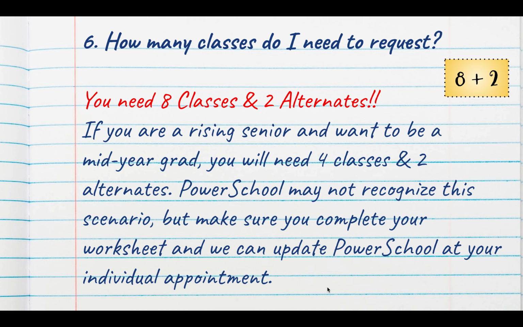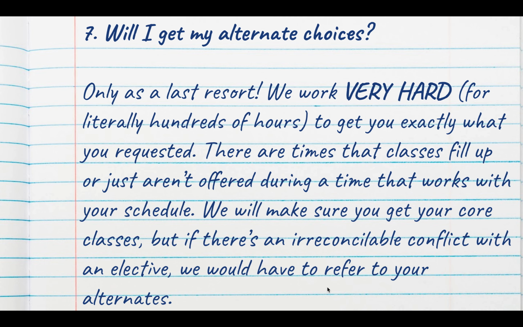If you are a rising senior and want to be a mid-year grad, you will need 4 classes and 2 alternates. PowerSchool may not recognize this scenario, but please make sure you complete your worksheet and we can update PowerSchool at your individual appointment. Will I get my alternate choices? Only as a last resort.